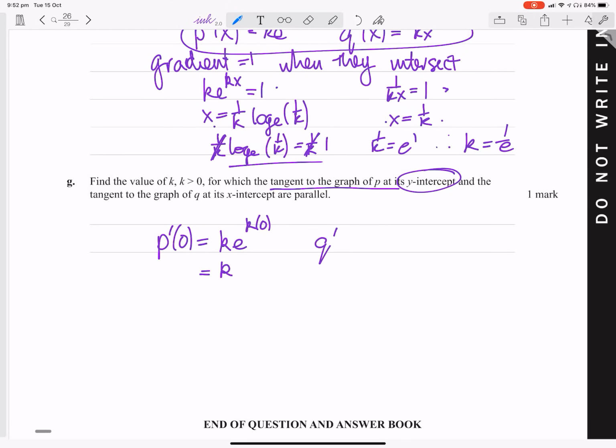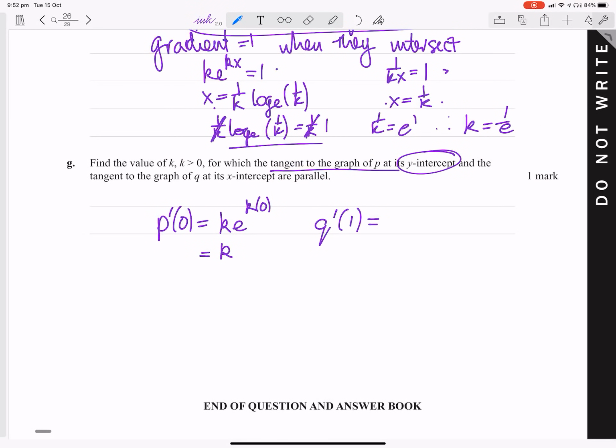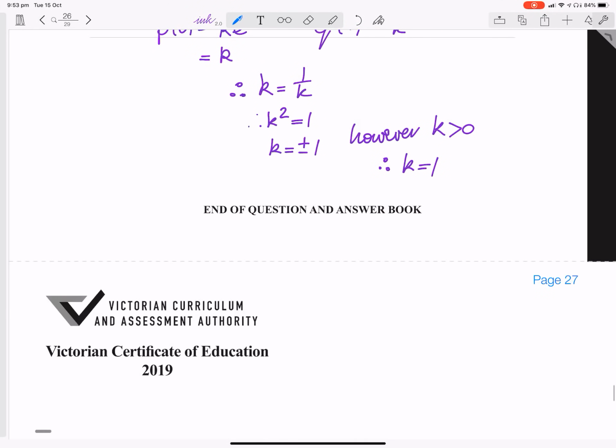So q dash of 1 is 1 on k. So therefore, k equals 1 on k. Therefore, k squared is equal to 1. K equals plus or minus 1. However, k is greater than 0. Therefore, k equals 1.